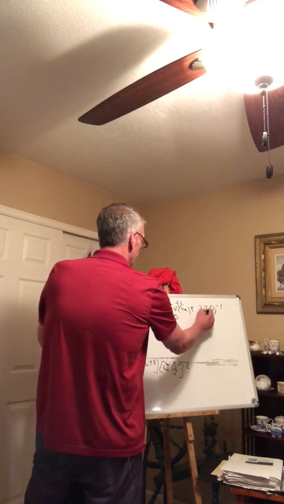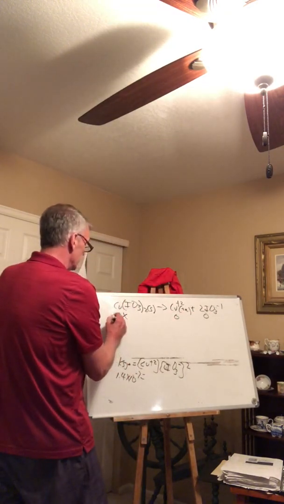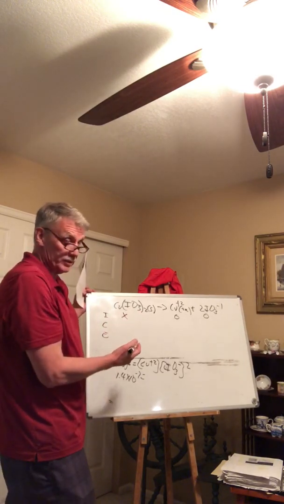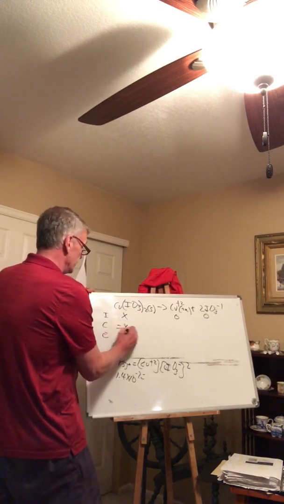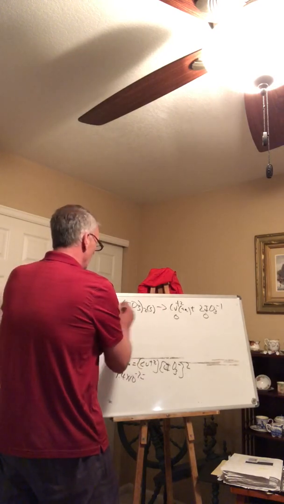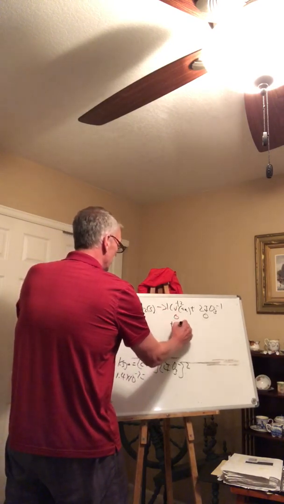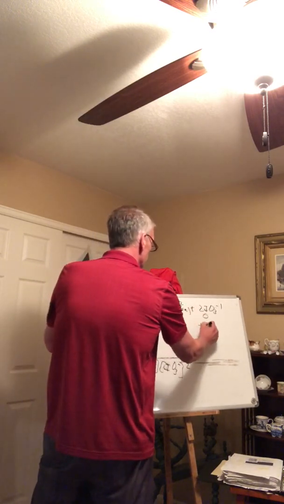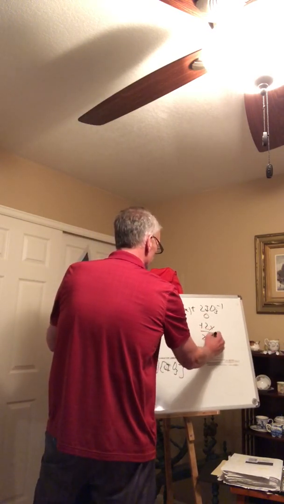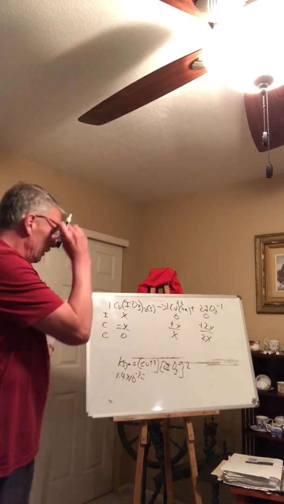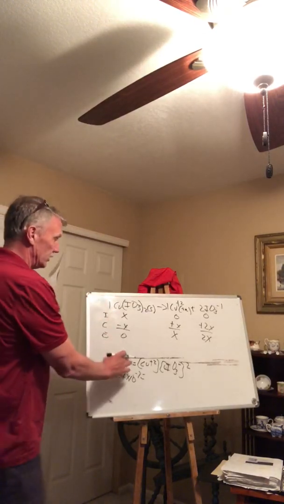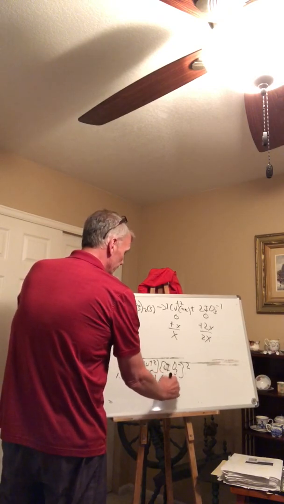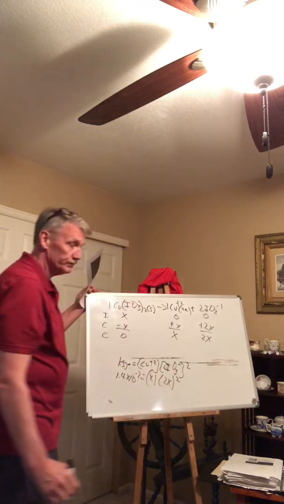So again, if I go back to the ice table, it's like this. But this time, I don't know the solubility. I'm trying to find that. So minus X, 1 to 1, so this would be plus X, and 1 to 2, so this would be 2X. Okay, and now I'm going to go back down to the Ksp equation. So I have X, and then I have 2X squared.